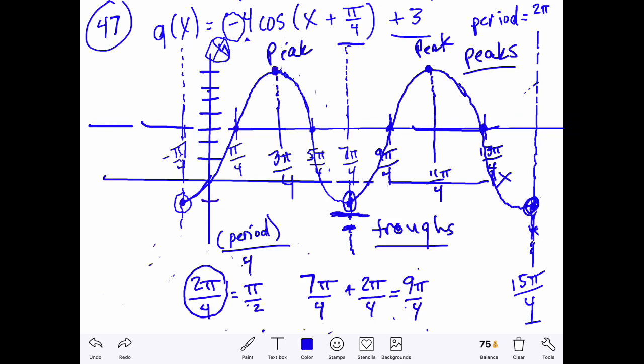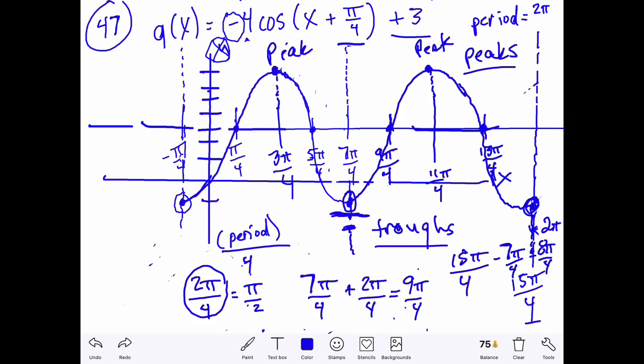In other words, 15 pi fourths minus 7 pi fourths leaves me with 8 pi fourths, which is 2 pi. So I can always calculate a period, if I was looking at a graph, by measuring the distance between the troughs or the distance between the peaks. And that's the length of one period.